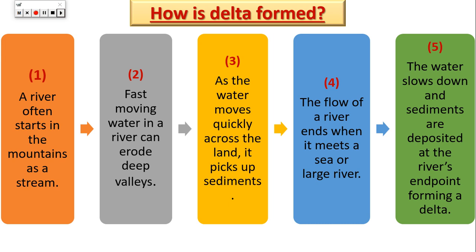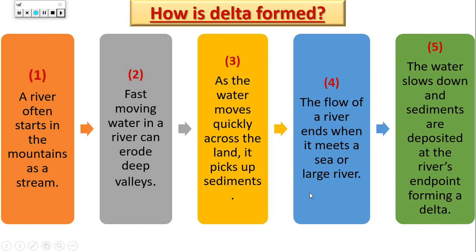Water carries the sediment to the end, and the river ends at an ocean or sea or another large river. When the river comes to the end, the sediments start to precipitate or deposit. After a few years, the deposits form layer above layer above layer, forming land.